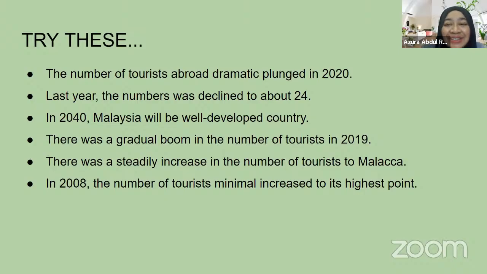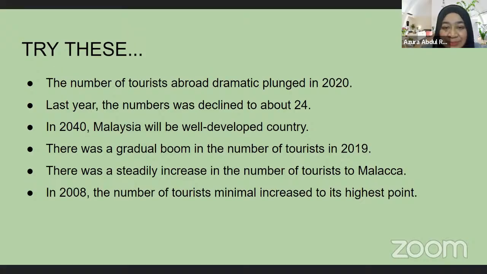There was a gradual boom in the number of tourists in 2019. This is kind of tricky. Anyone want to try? Amida, I want to try. Of course. If it was me, I want to delete the gradual. That is correct. Very good. Because what does boom indicate?